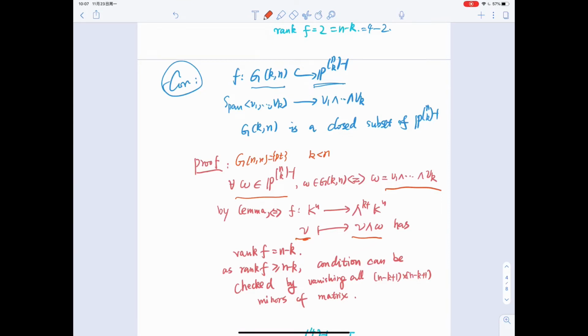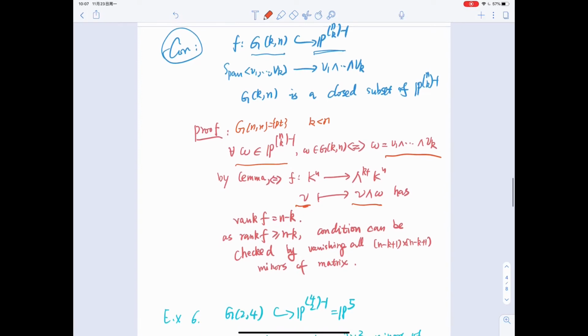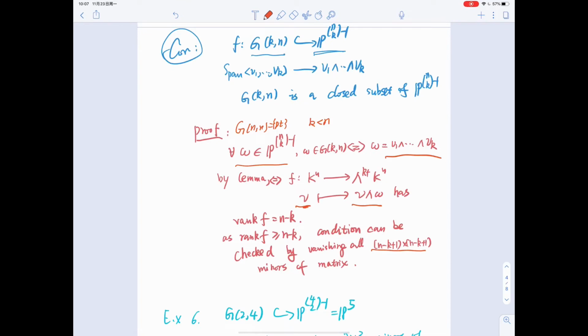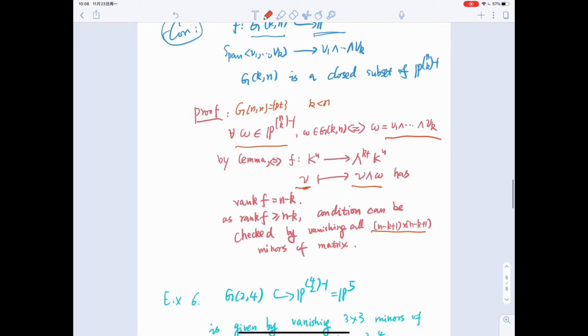As the rank of F is no less than n minus k, this condition can be checked by the vanishing of all (n minus k plus 1) times (n minus k plus 1) minors of the matrix corresponding to F. But these minors are polynomials in the entries of this matrix, and thus in the coordinates of omega.